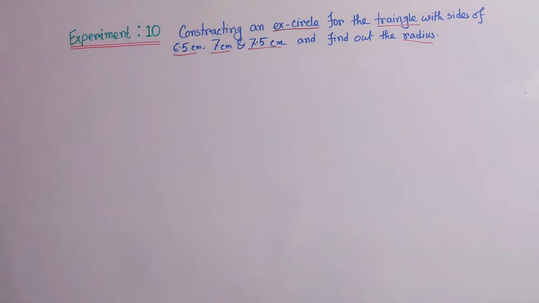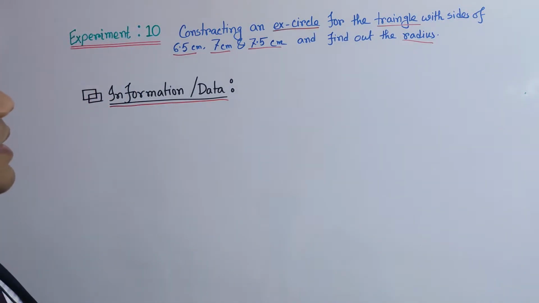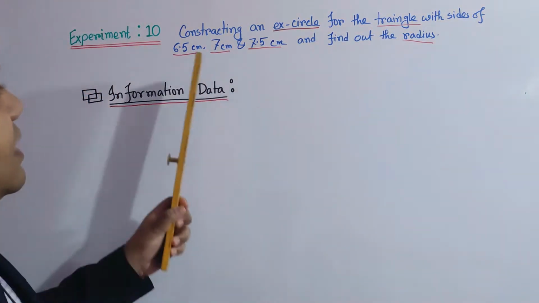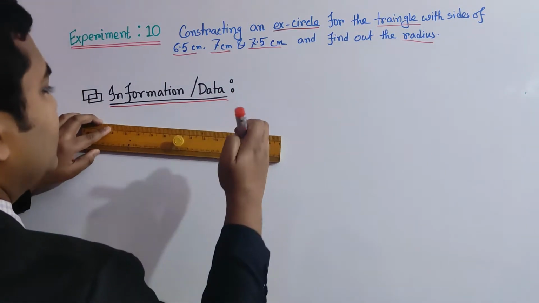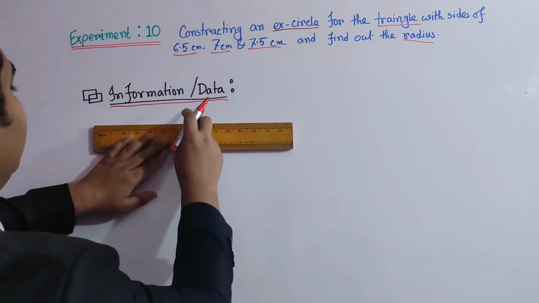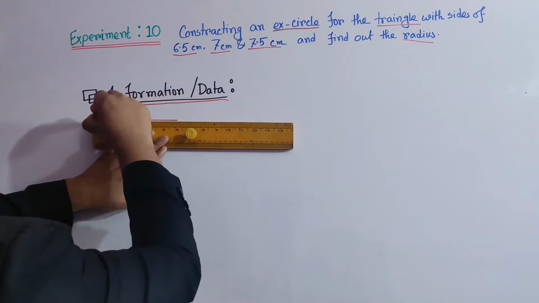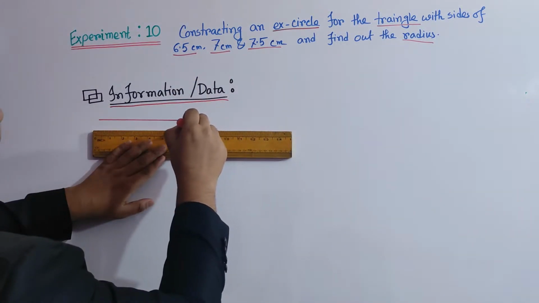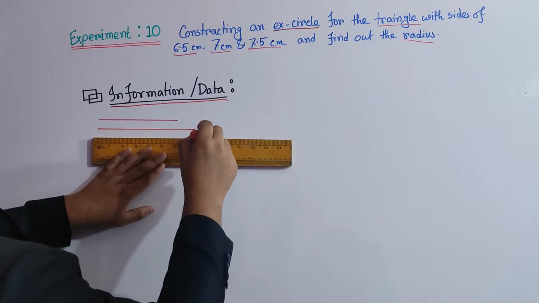Okay, let's have a look at today's part. Our first part will be the information or data. Which data is given here? 6.5 centimeter, 7 centimeter and 7.5 centimeter. These are the lengths of the sides of the triangle. So we have to draw first a length of 6.5 centimeter, then 7 centimeter, and 7.5 centimeter.